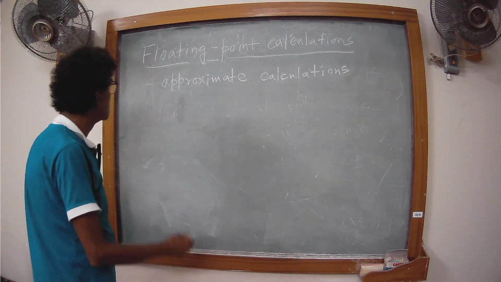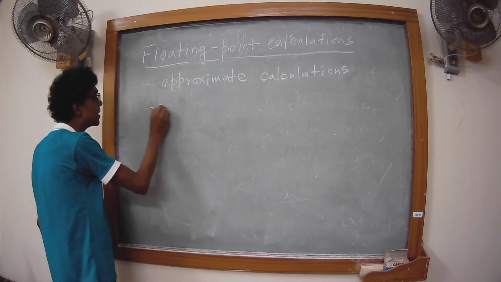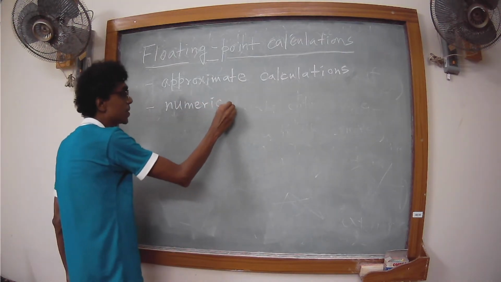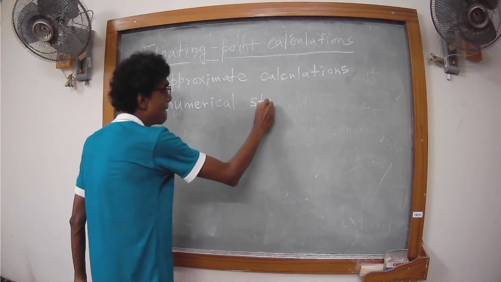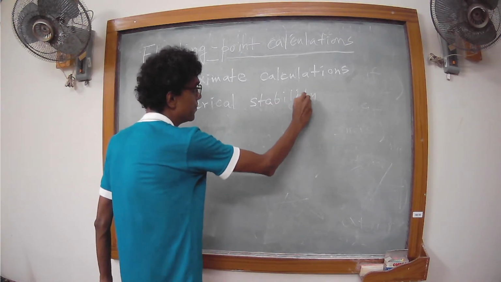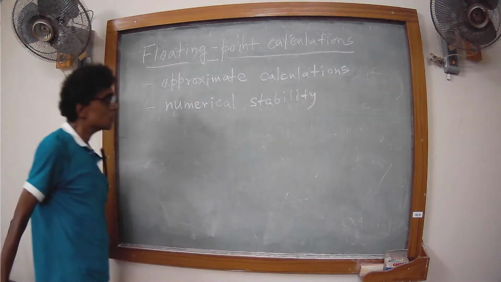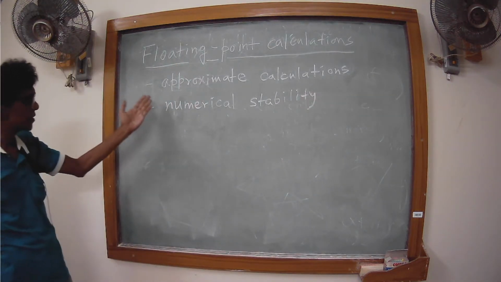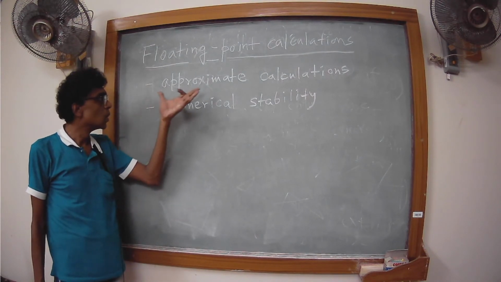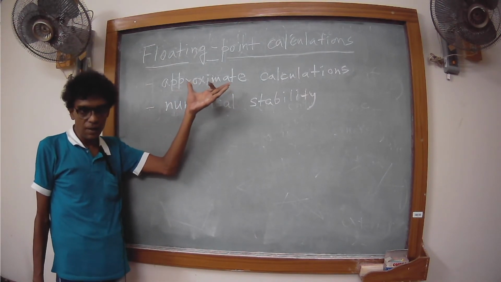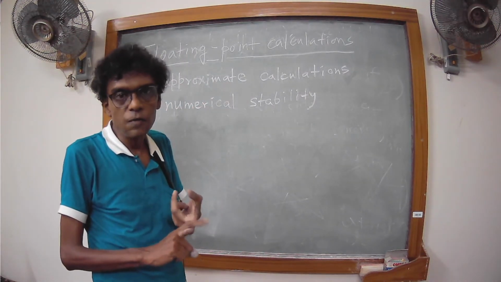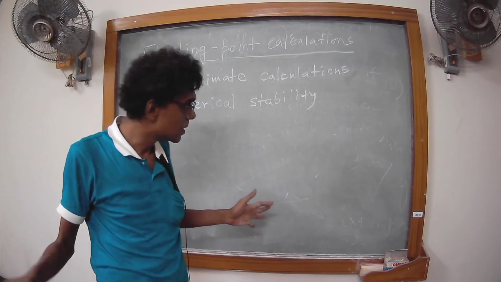And I do not know whether you are already familiar with this thing. Numerical stability. So if you do approximate calculations using floating point numbers, you have to accept errors and should avoid situations where errors pile up to eventually give a huge amount of error.